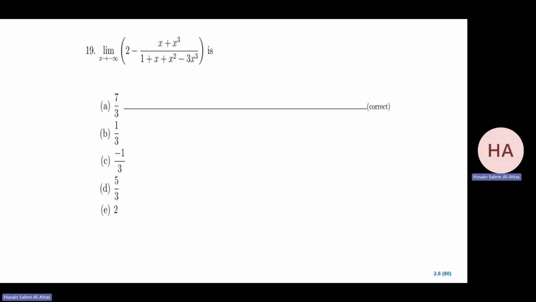This also is not a difficult one. Take the limit inside. What is the limit of this? Same degree, rational function. So the answer is 2 minus the limit.